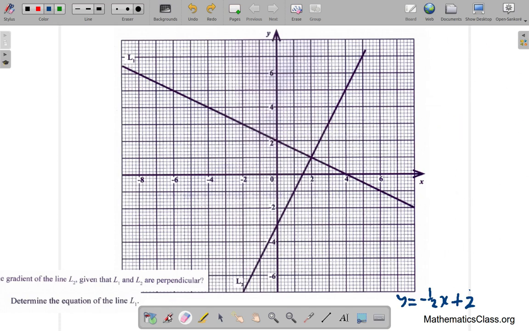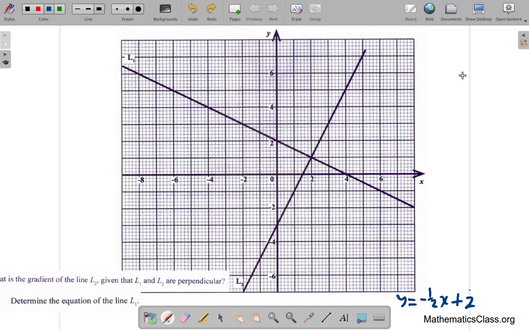Now you're asked, what is the gradient of L2, given that L1 and L2 are perpendicular? First of all, what is the relationship between the gradients of two lines when they are perpendicular?